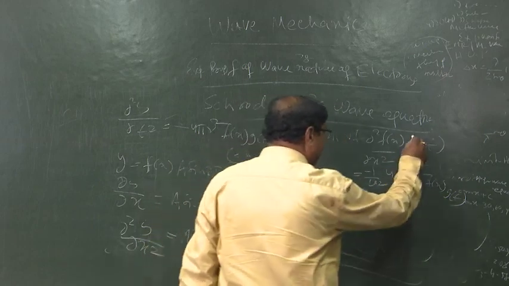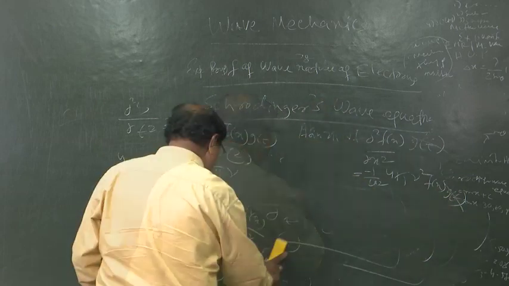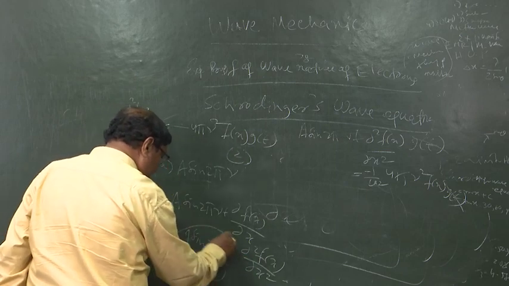Now g(t) will be cancelled. What is left is, in place of a sin 2πμt, we put g(t).